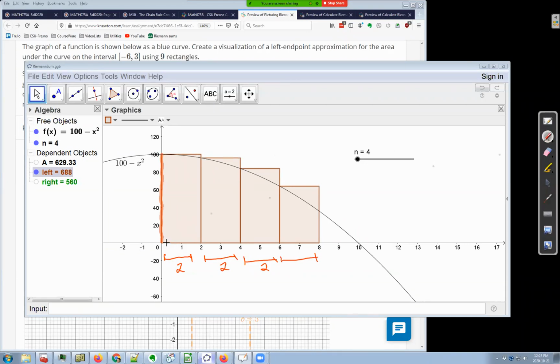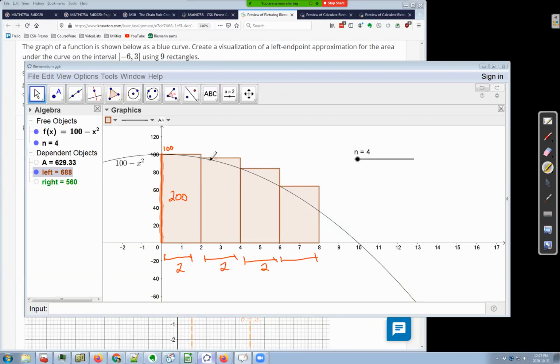And so this would actually be height 100. Because in this case, the left side of the first rectangle is at 0. And if I put 0 into the function, I get 100. So that means the area of this rectangle is 200.